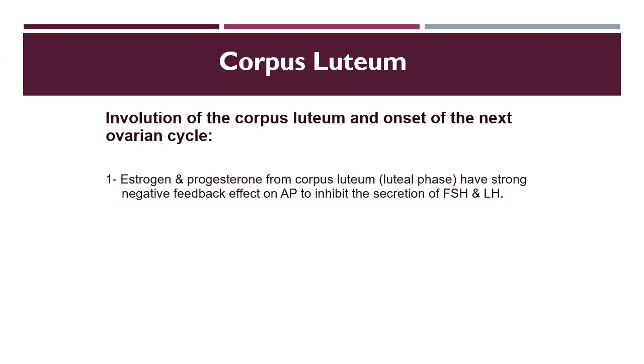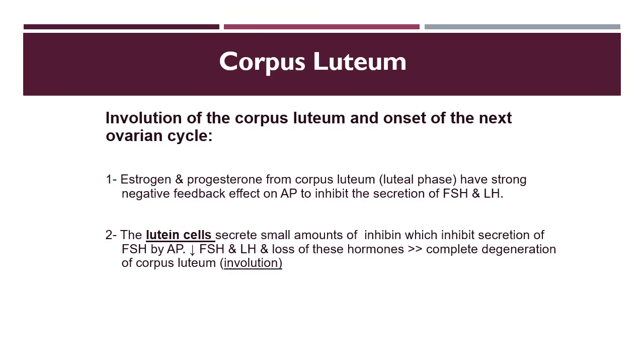And that's because estrogen and progesterone from the corpus luteum have a very strong negative feedback effect on the anterior pituitary gland and inhibit the secretion of FSH and LH at the end of the cycle.